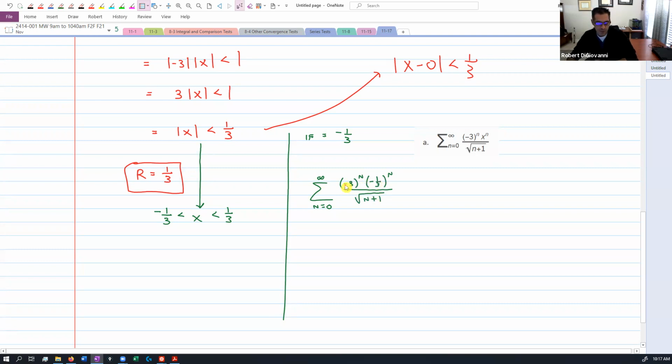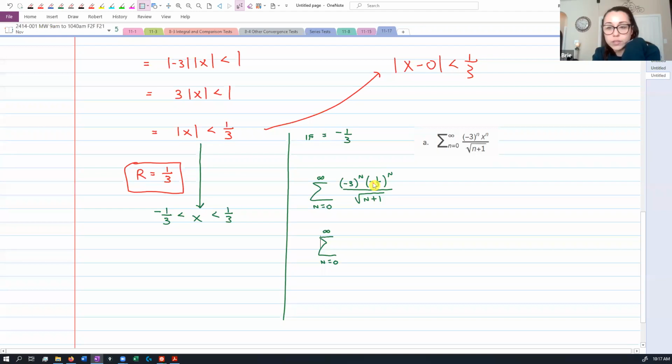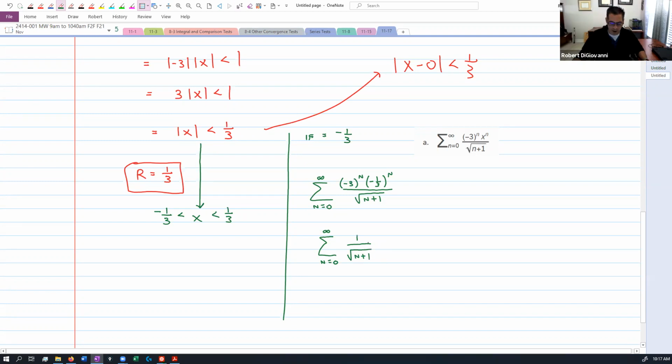Since both of these are raised to the n, I can put them together, can't I? I can multiply them. And what would that give me? -3 times -1/3? 1. And 1 to the n would be? 1, right? So this is what we have. And now you need to tell me whether or not that converges or diverges.